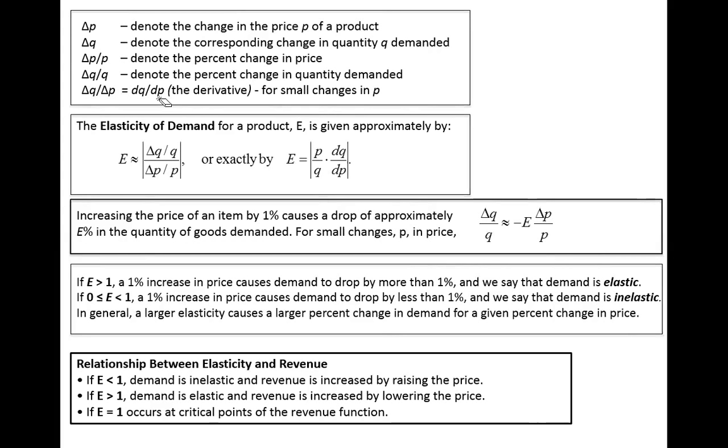Then we have to know this: the elasticity of demand of a product is labeled by E, and it's given approximately by the formula delta Q over Q, the percentage change in quantity, over the percentage change in price.